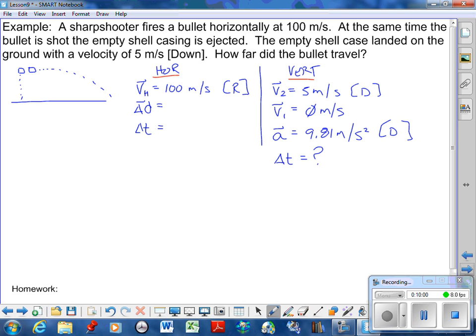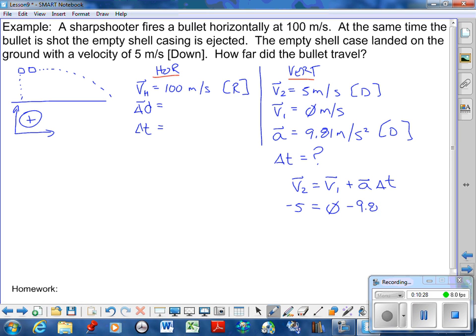So again, you decode the information like you did the other day with the previous work. V2, V1, and A with delta t, and you find that you have this equation, V2 equals V1 plus A delta t. Substituting in your information, and remember, I'm assuming up is positive with mine. You're more than welcome to pick your own, just be consistent. So V2 is down, so I'll have negative 5 equals, V1 was 0.